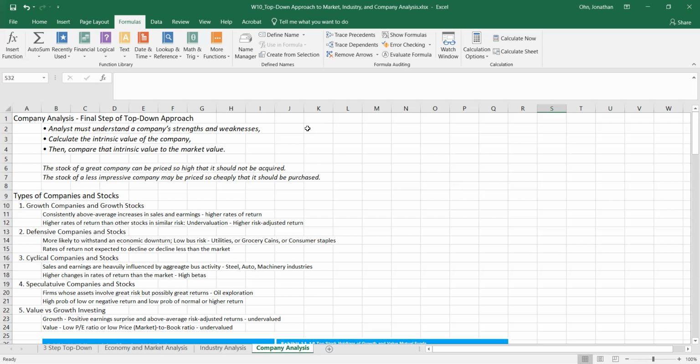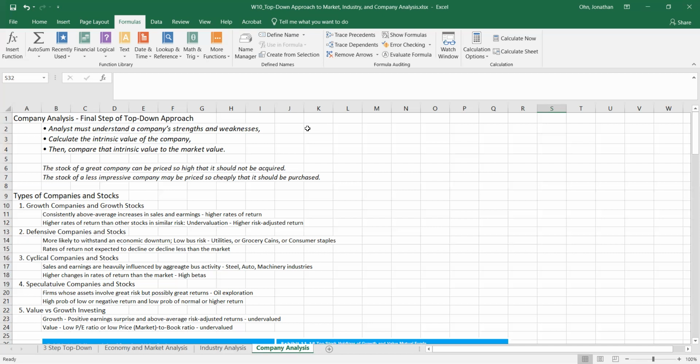And another argument for the importance of this top-down, industry and company relationship would be, think about this one here. Suppose you identify the best stock in a not so attractive industry, okay? That's one stock. And one medium-level stock, a medium attractive stock in the best industry.